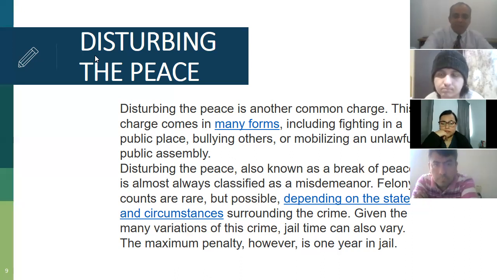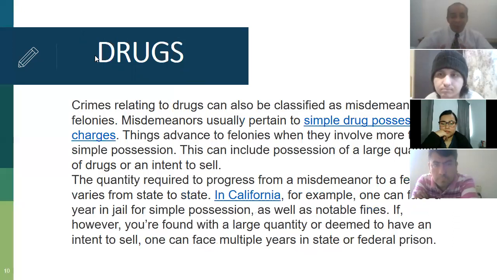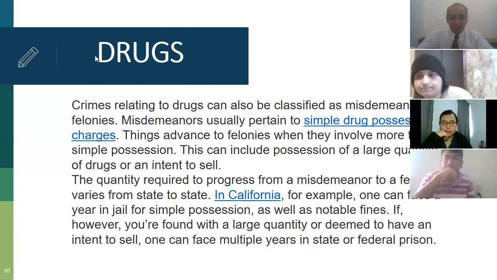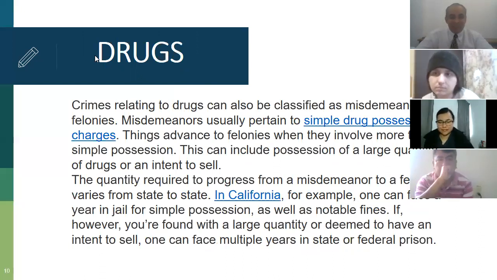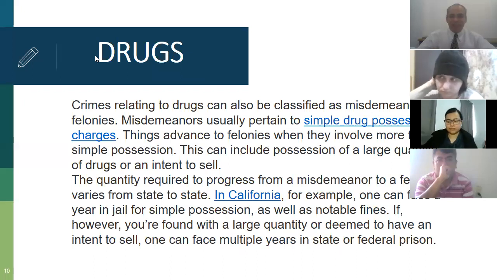Okay, but pay attention, because just because it's a misdemeanor doesn't mean you're safe from going to jail. So take care. It's not a good decision to go to the streets and say, "Oh, I'm free, I'm going to say all that I want to say." No, it's not really easy like that. Okay. Drugs.